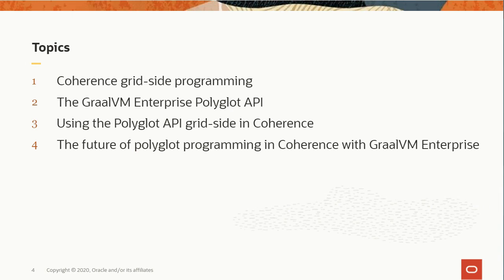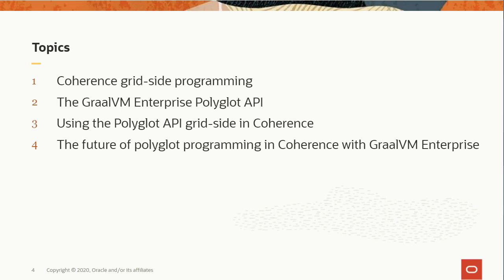I'll give a little overview of the GraalVM Enterprise Polyglot API that we use, and then I'll show how we use it on the grid side in Coherence 14.1.1. And the final section is a bit about the future of polyglot programming in Coherence with GraalVM Enterprise.